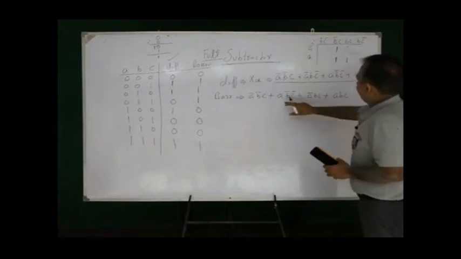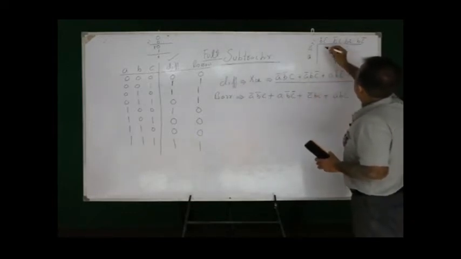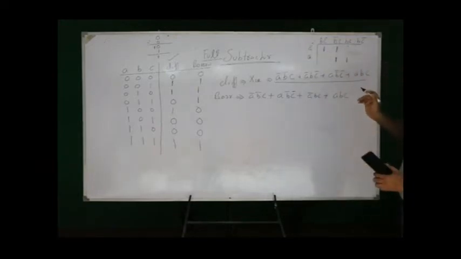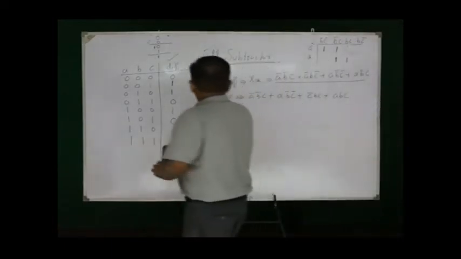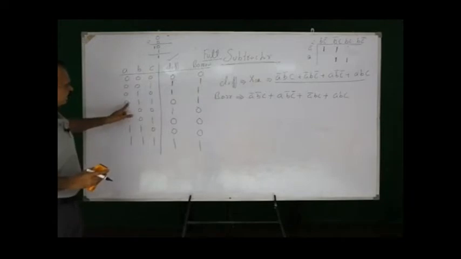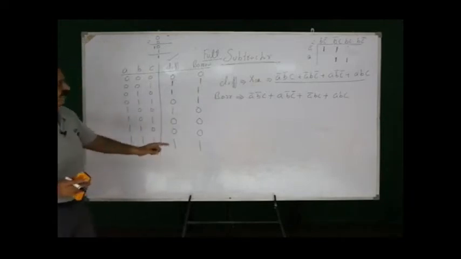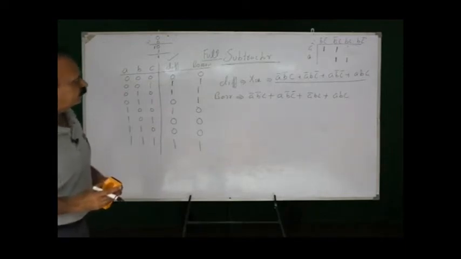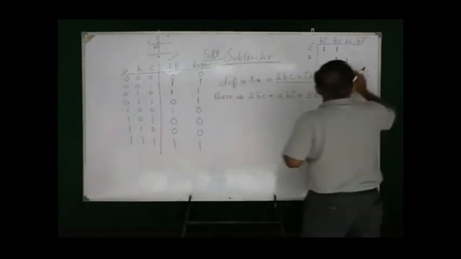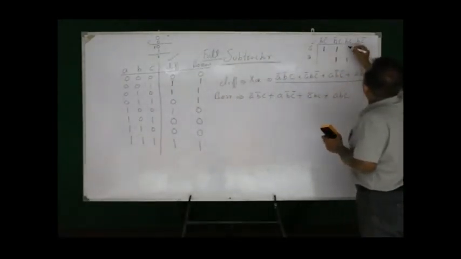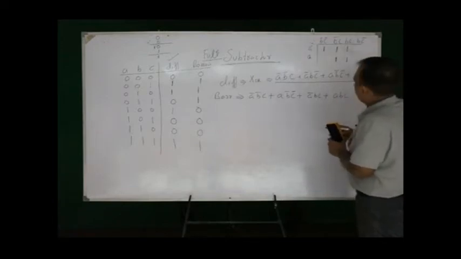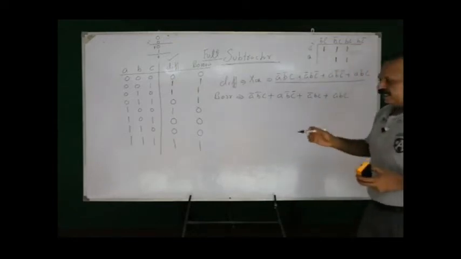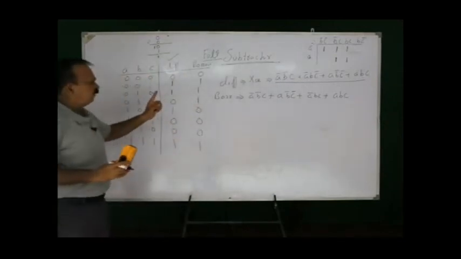Next one is A bar, B, C, and the last is A, B, C. Please, I will be checking it again, because I feel there is some confusion.